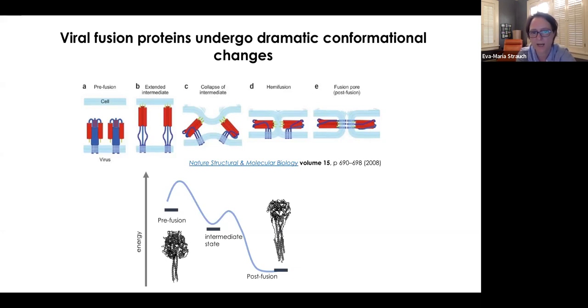If you think about what the immune system sees, you would think it's the pre-fusion state, because once it's post-fusion, either the damage has been done or, well, the damage has been done. So the most effective way to inhibit viruses is to target the pre-fusion state. Essentially, if you're able to stabilize this conformation over the other, you might have a good vaccine.